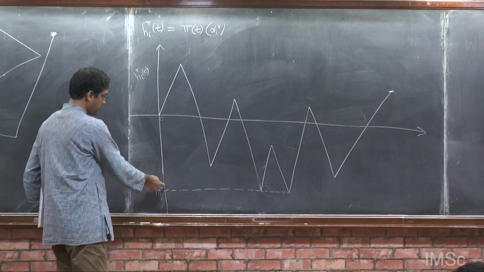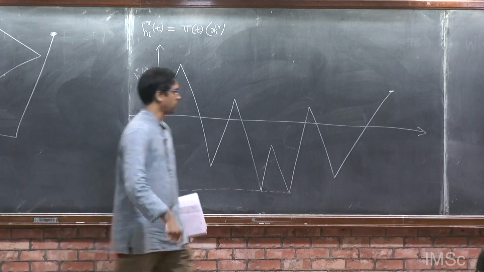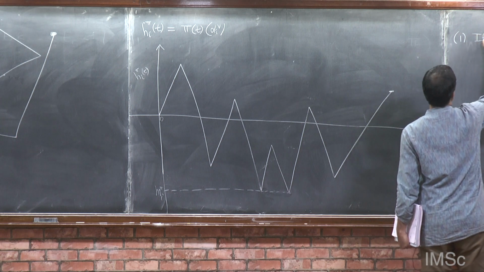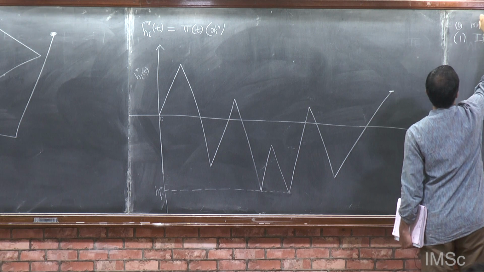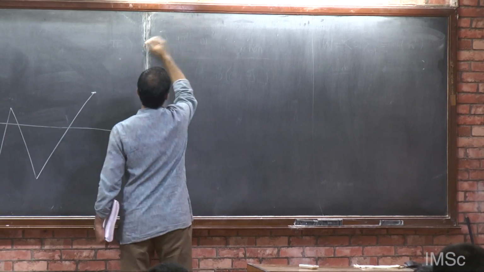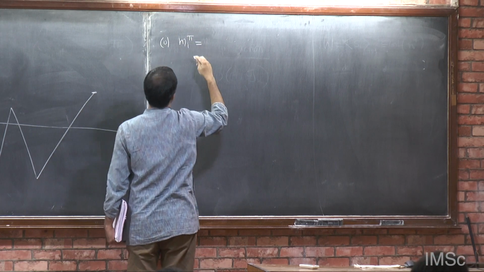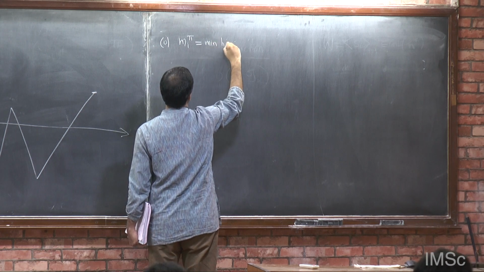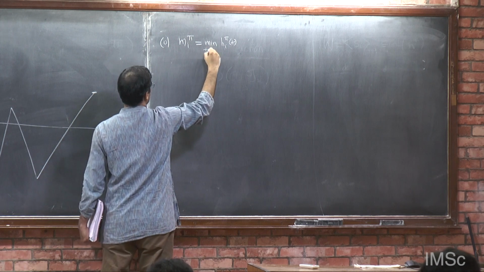Now, step 0: m_i pi is defined to be the minimum value of h_i pi of t as t runs over that interval.